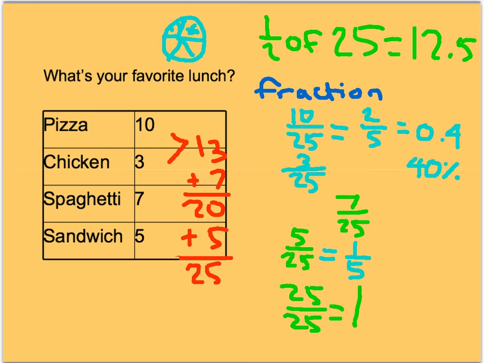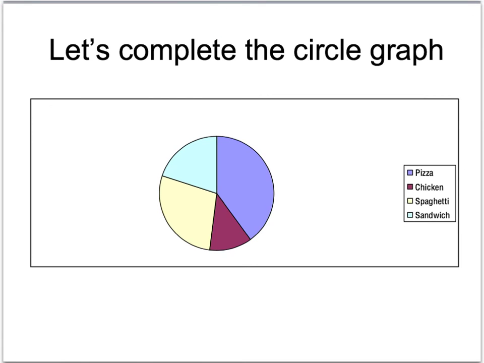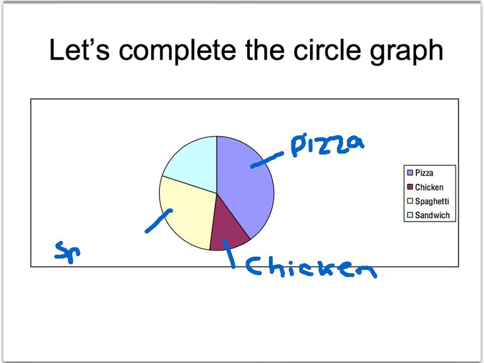Let's take a look at our circle graph, and we'll fill in those missing parts. Here's a circle graph representing that data. As you see here, we've got pizza, and we have to go ahead and label those different parts. So we had pizza, we had chicken, we had spaghetti, and we had sandwich.